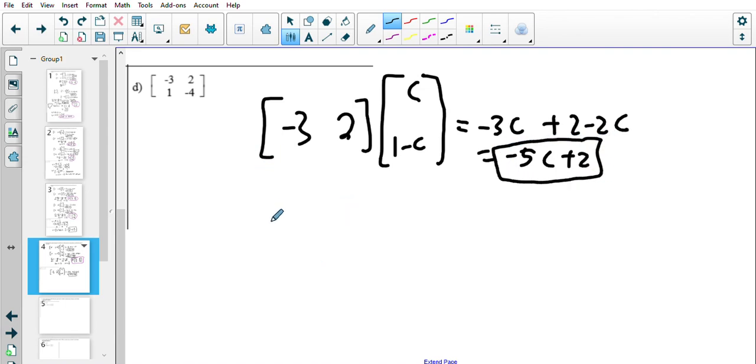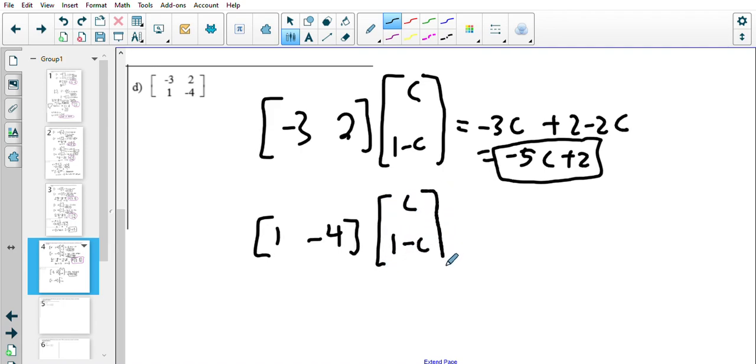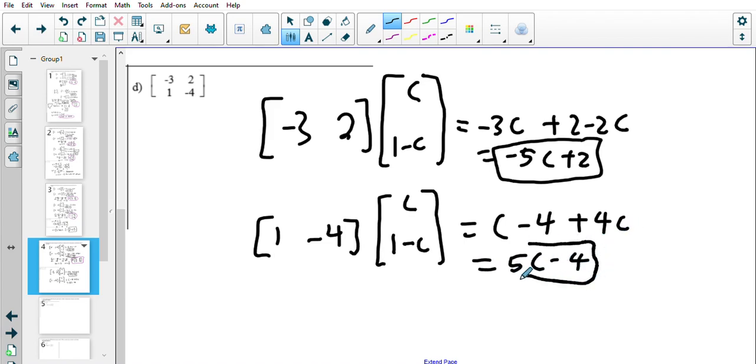And then we play against the second row, 1, negative 4, against our arbitrary column strategy. Gives us 1 times C minus 4 plus 4C, or 5C minus 4. Then we'll set these equal to each other and see what C equals.